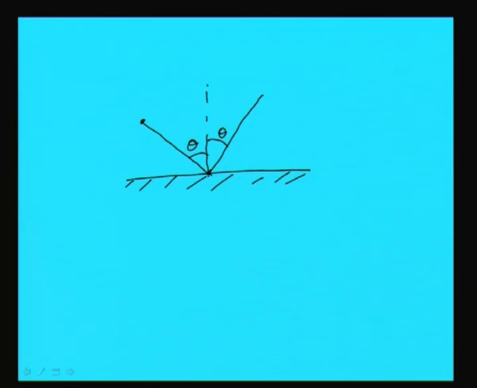Because in that case the velocity of approach and the velocity of separation should have the same magnitude, so therefore naturally the same theta. However, in the other case, if e is not equal to 1, then the velocity of separation should reduce, and therefore it will go at something like this.